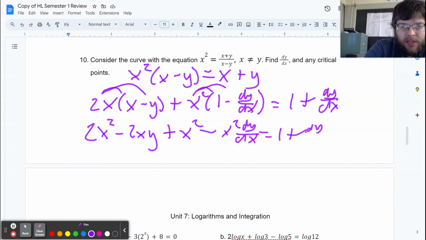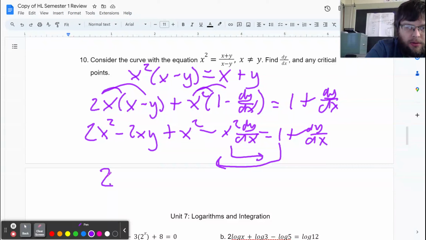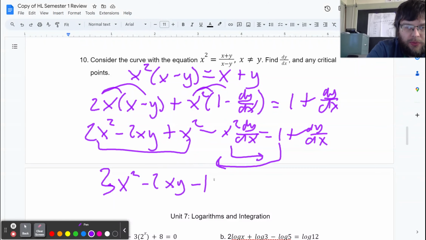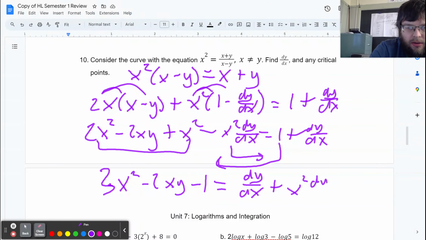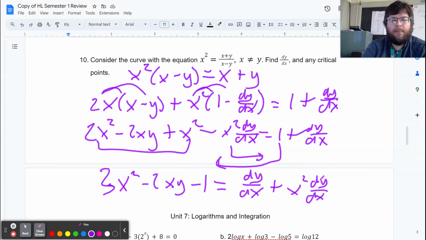Then my goal is to get dy/dx by itself. So I'm going to move this term over there and move this term over there. Oh, and I'm noticing I have some like terms right there. So 3x squared minus 2xy minus 1 equals dy/dx plus x squared dy/dx.